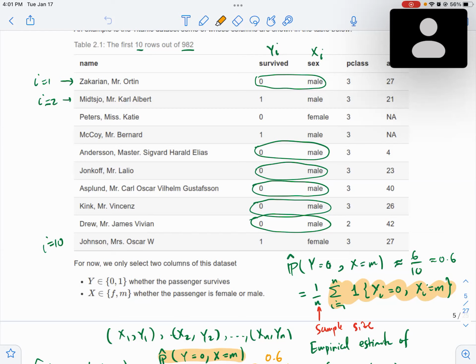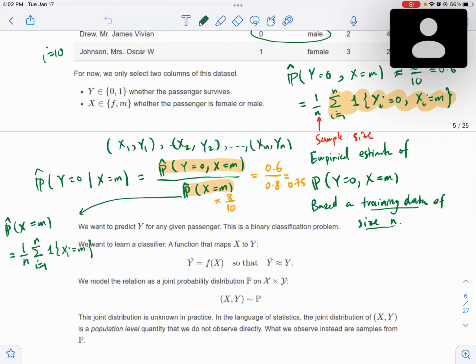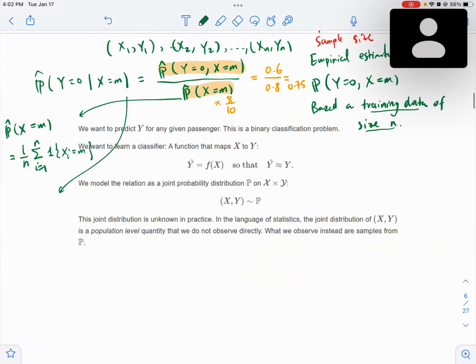So for example, from this, I get that p hat of y equal 1 given x equal to m is also approximately 0.25, right? So my decision for the male case would be what? It would be 0 because this is bigger. Or you can say that this is less than 1/2. So we're going to pick 0. So our decision would be correct.